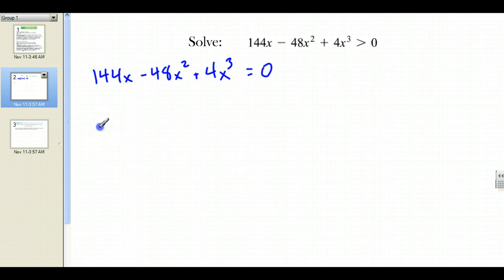I'm going to pull that out, but also everything here is divisible by 4, so I'm going to pull a 4x out with it. 4 goes into 144, 36 times, minus 48 divided by 4 is 12, and then x squared divided by x is x. And then 4 divided by 4 is 1, and x cubed divided by x is x squared.